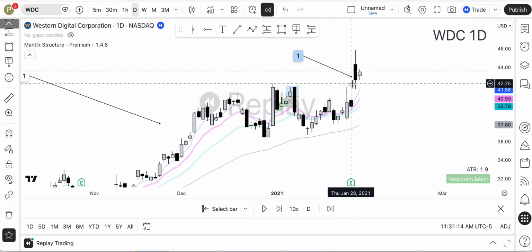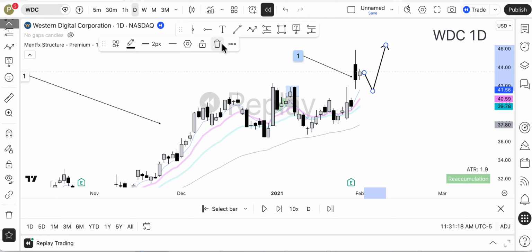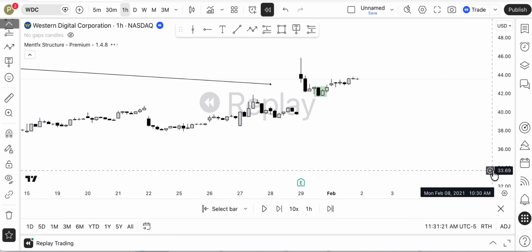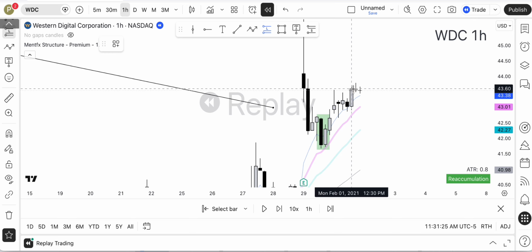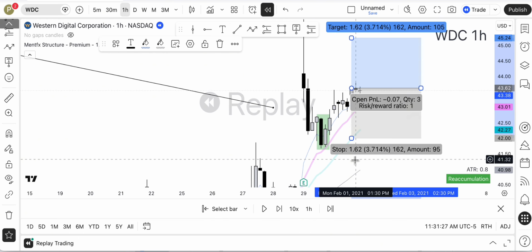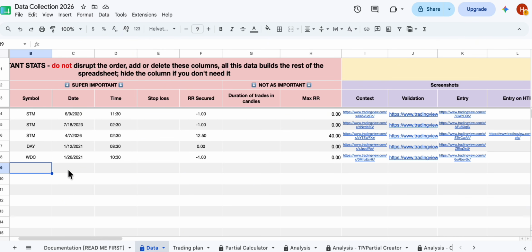Looks all right. There's a chance that it might come back further and then go, but there is an entry there, so I'm gonna take it. 1:30, February 1st, 2021.